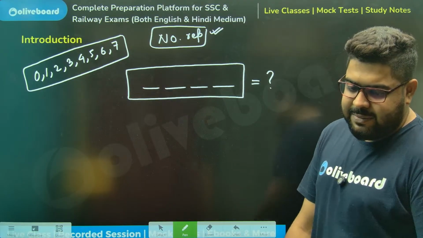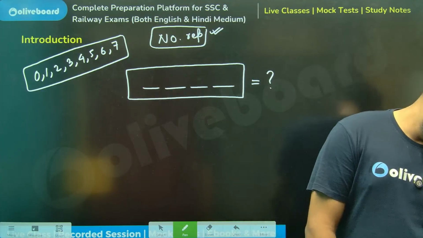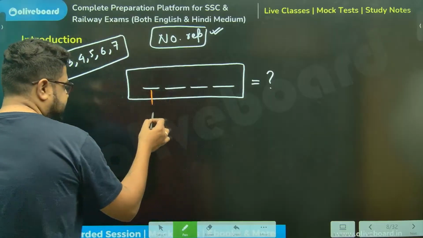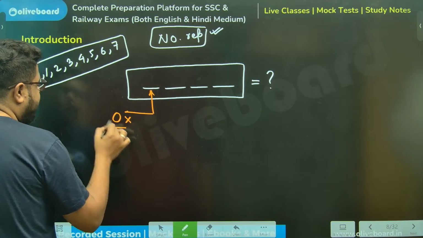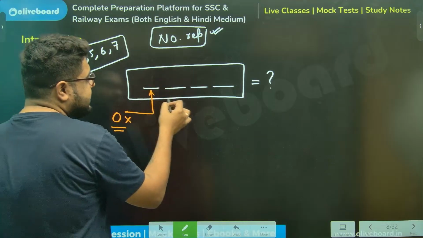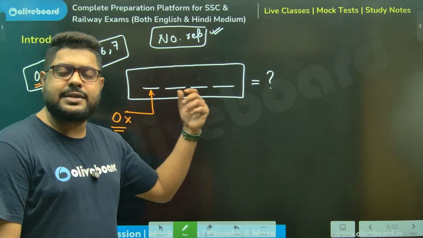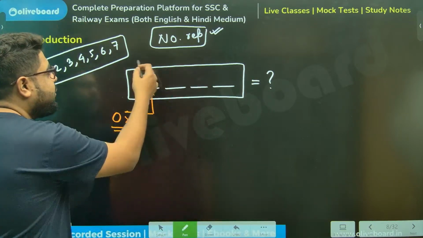Which end it is? Left. Yes, absolutely. Why? Left end mein dekho, 0 cannot be there, because if I put 0, then it's a 3-digit number. So automatically I have to start from here.